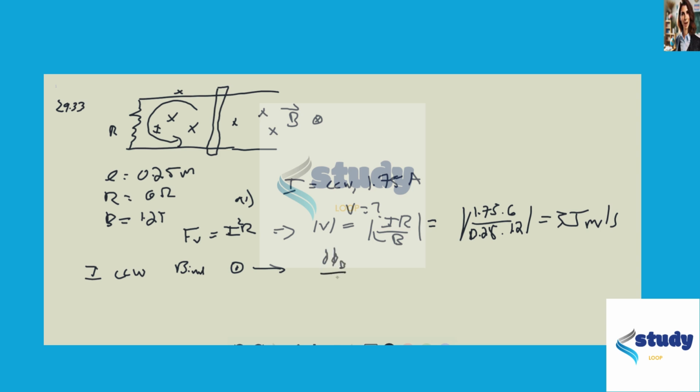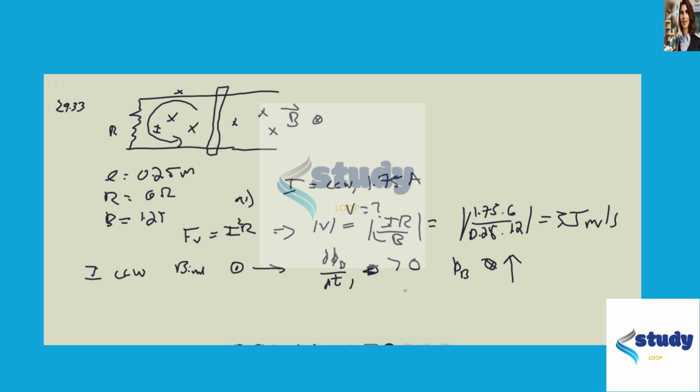The rate of change in magnetic flux is going to be greater than 0, because the magnetic flux is into the page, but the induced one is out of the page, so it must be into the page and increasing.